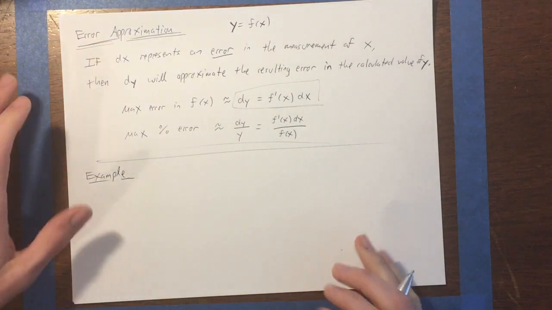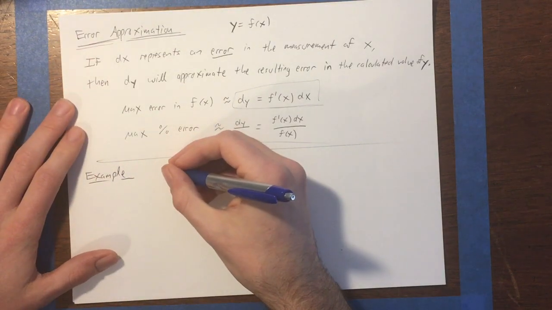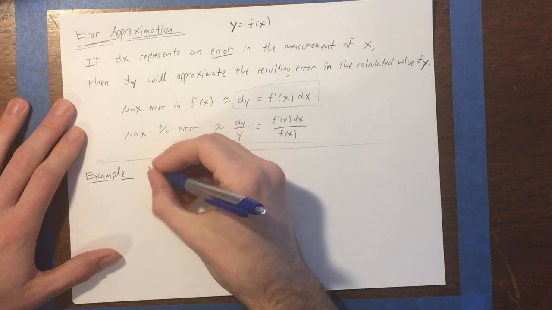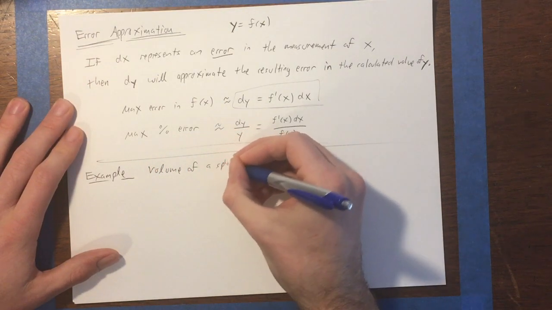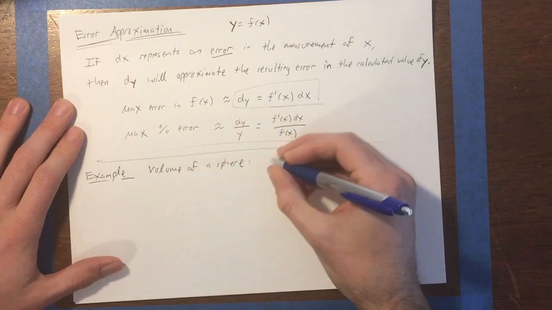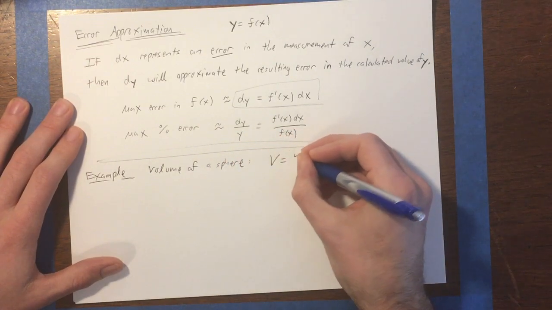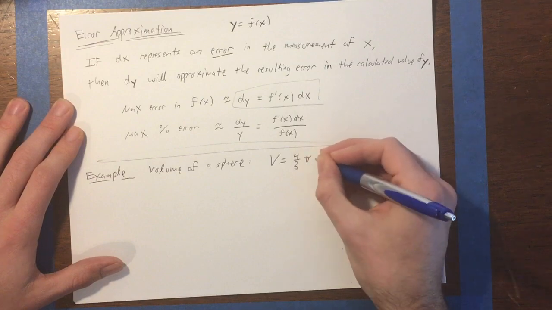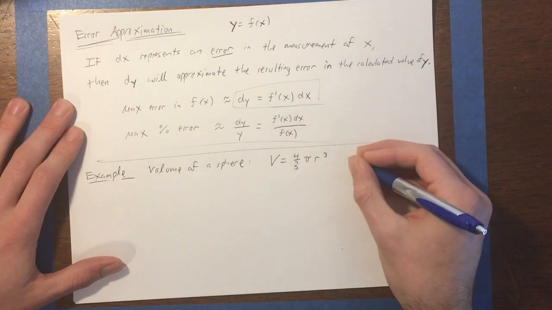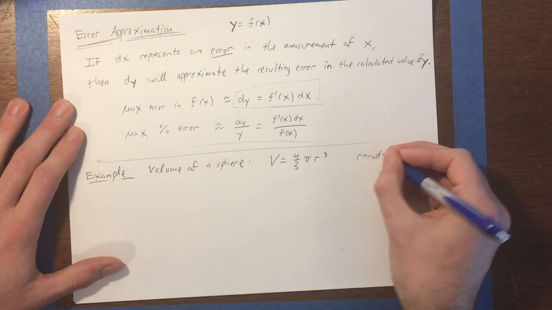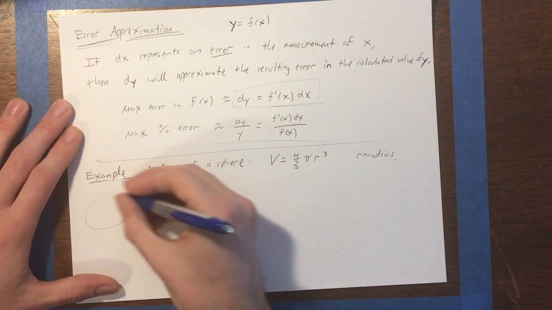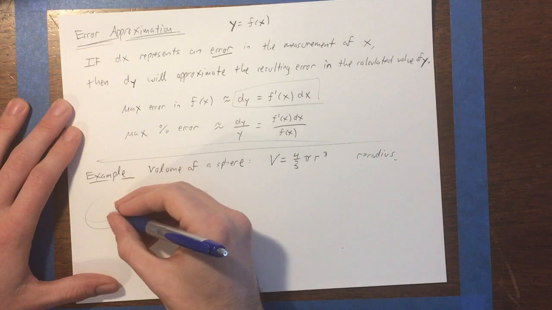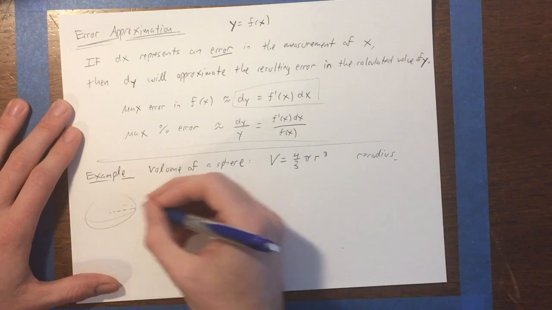Let's say that you are trying to calculate the volume of a sphere. The formula for that, by the way, is 4/3 times pi r cubed, where r is the radius. Let's say we take our sphere here, and we try to measure the radius.